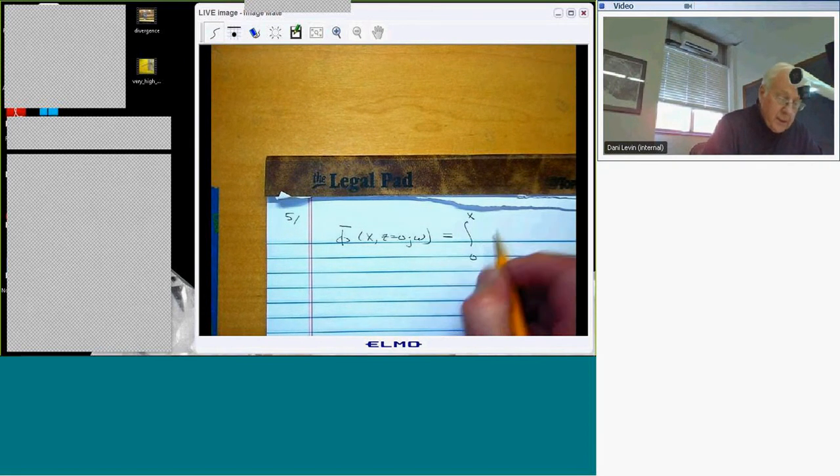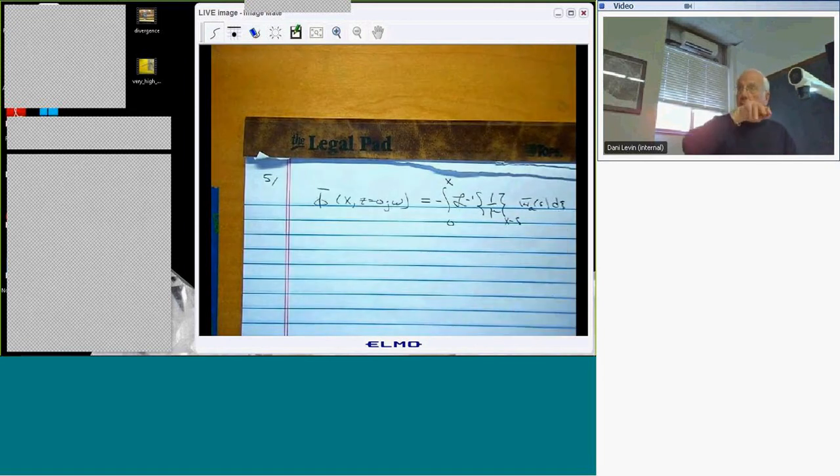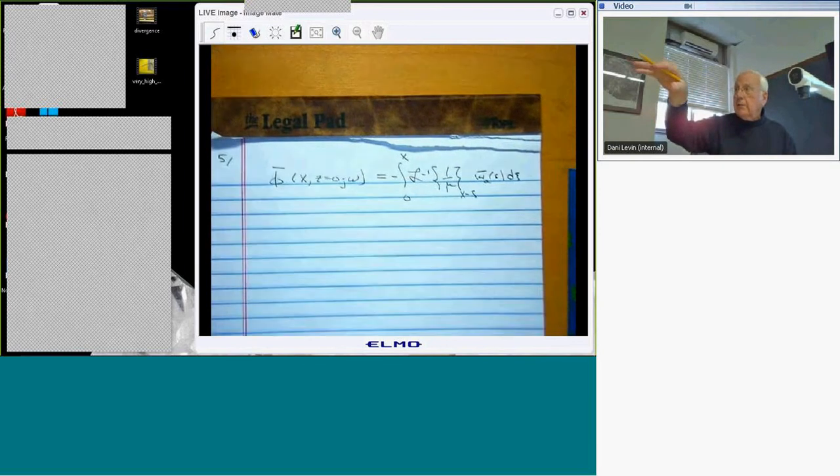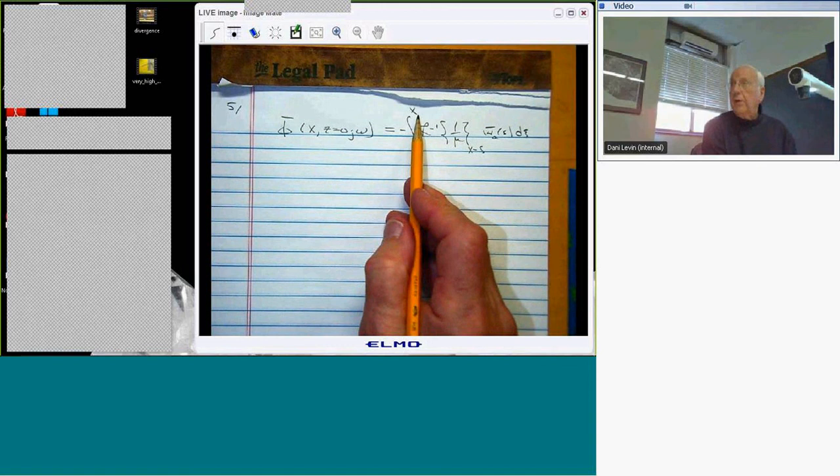But it's minus the Laplace inverse of 1 over mu, x minus c, times w bar a at c, dc. Now, c is the dummy variable that goes along the x-axis, and we're going to integrate from 0 up to some point of interest, x.